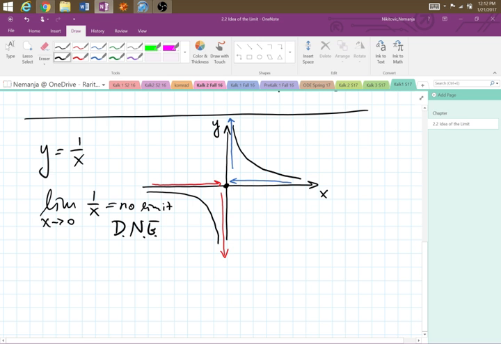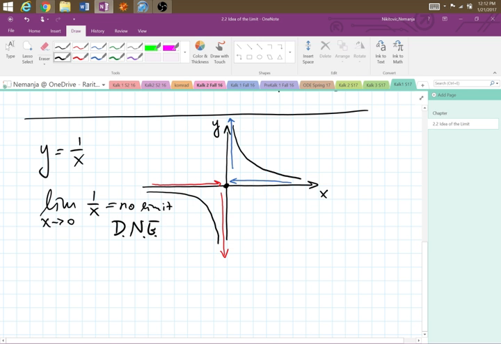So the limit is, again, a y value. And you observe here that at 0, your 1 over x has no y value. Nothing crosses the y-axis anyway, so you can't compute the value for this one.